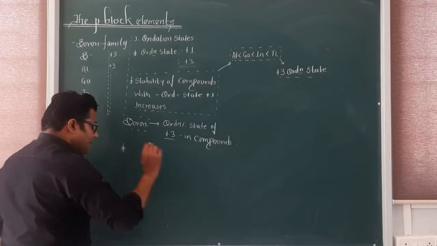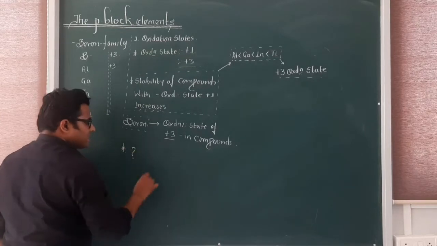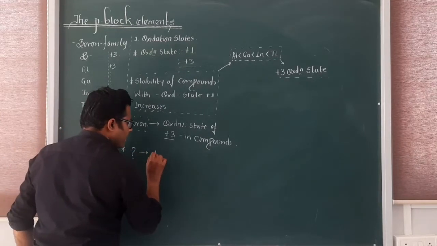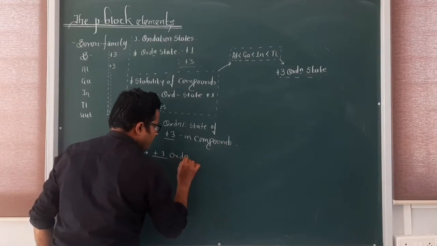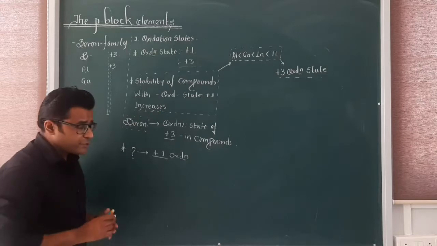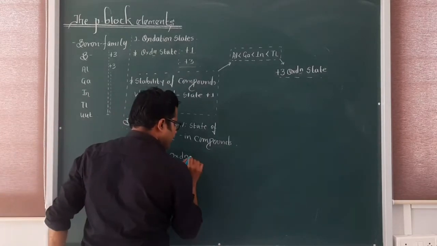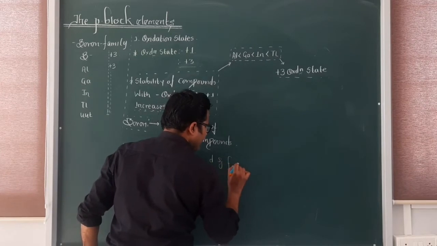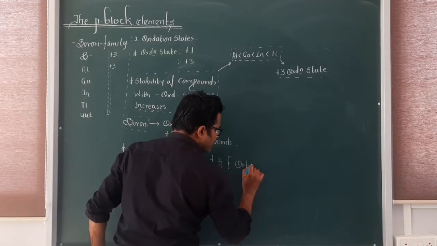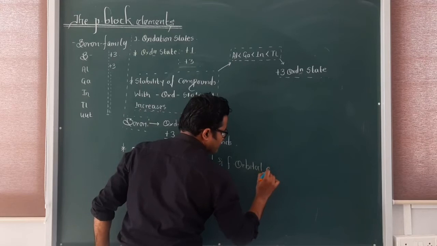Now the question that arises is why these compounds exhibit more of a +1 oxidation state. It is all attributed to the d and f orbital electrons.